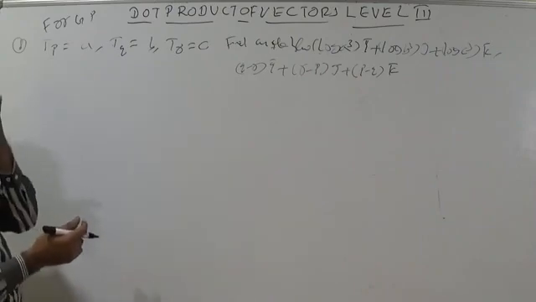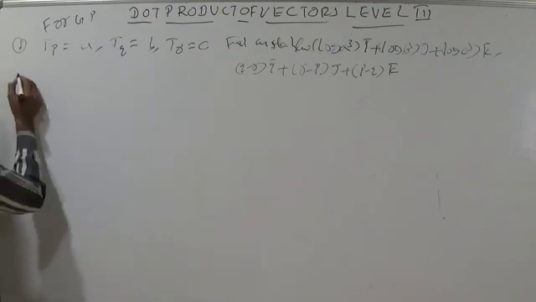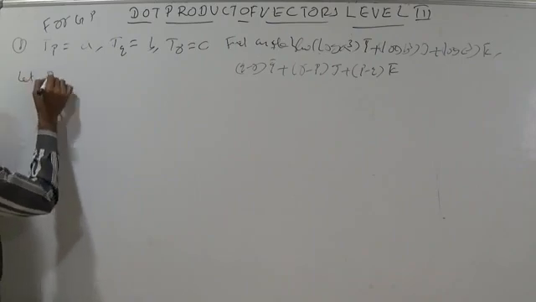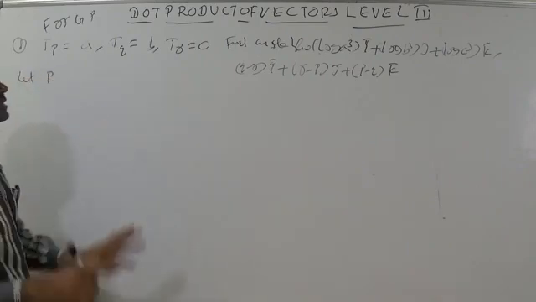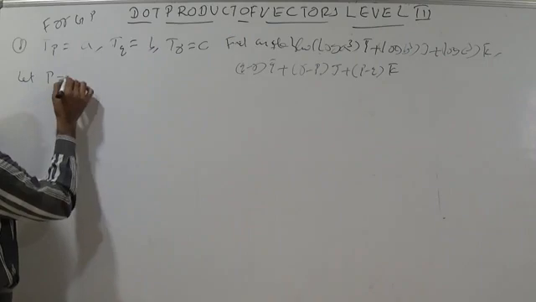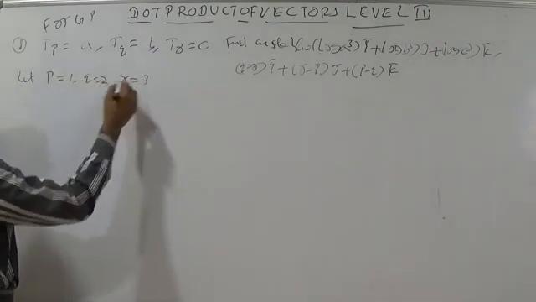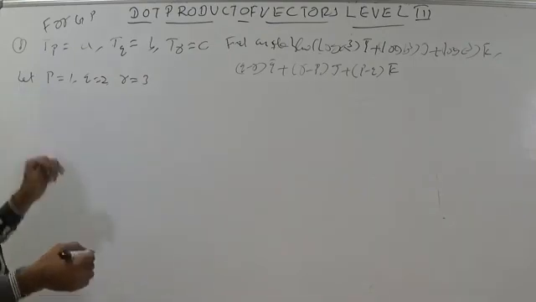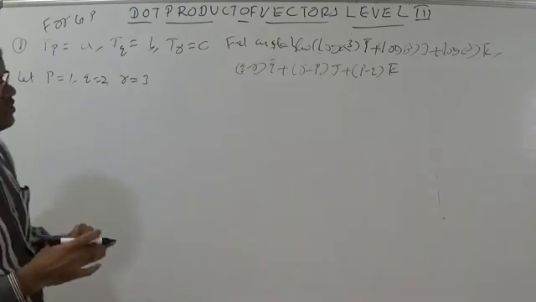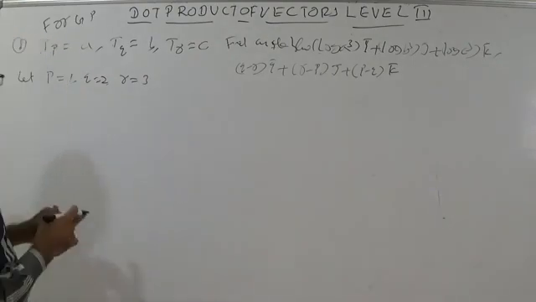Tp is equal to A. Let P be equal to 1, meaning first, second, third consecutive terms, no problem. Let P is equal to 1, Q is equal to 2, R is equal to 3. Even if you do not take 1, 2, 3, you will get the answer.